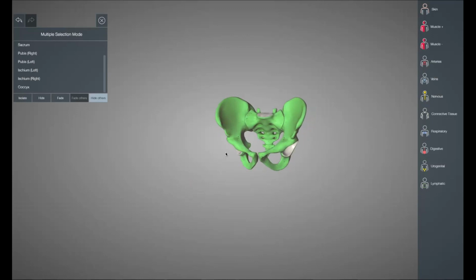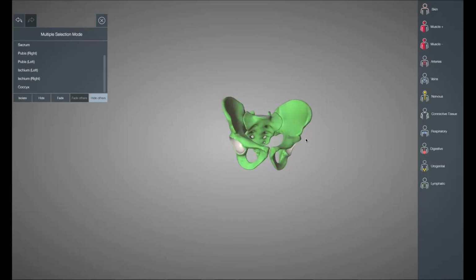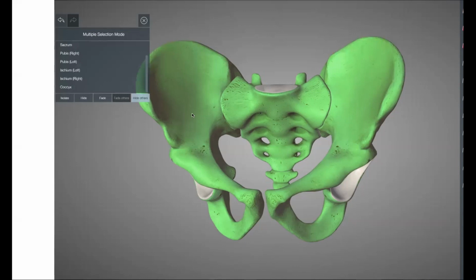And there are 4 articulations within the pelvis. Number one, two sacroiliac joints, here and here, between the sacrum and the ala of the ilium.